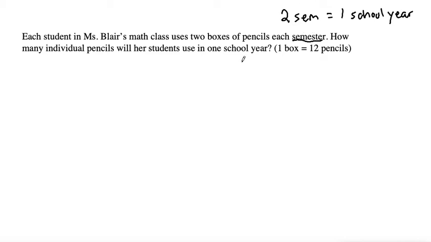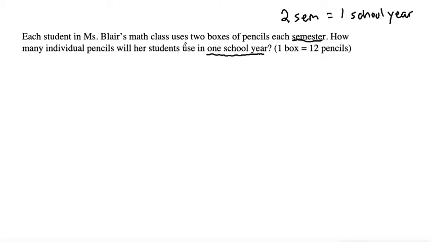And the question is asking how many individual pencils our students will use in 1 school year. Usually the information they give you in the sentence before the question will be your conversion factor, and you don't want to start with that. You usually want to start with the information in the actual question statement.